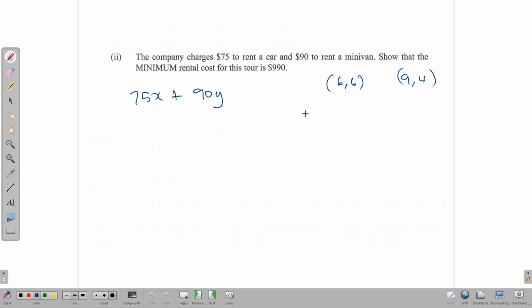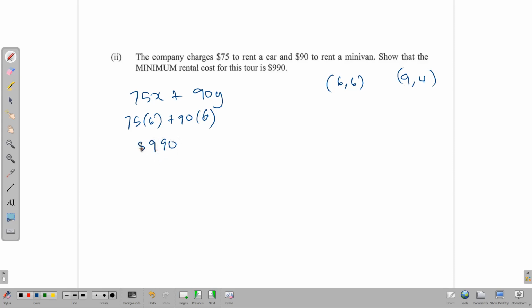All right, so what we need to do is substitute. We say 75 times 6 plus 90 times 6, and that gives us 450 plus 540, which is 990 exactly.